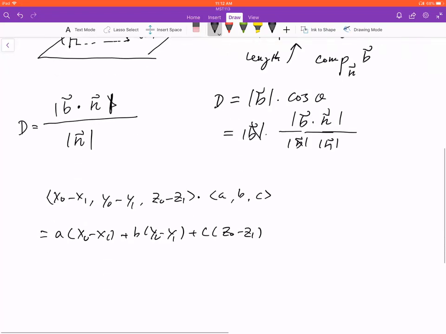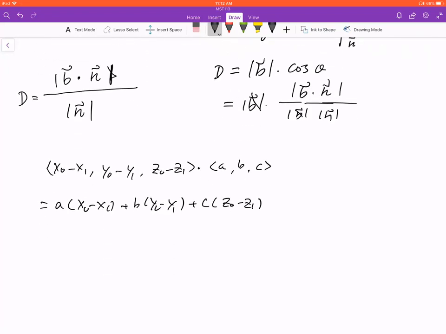Remember, (x1, y1, z1) is an arbitrary point on the plane. So we group the terms by point: a x naught plus b y naught plus c z naught, minus (a x1 plus b y1 plus c z1).